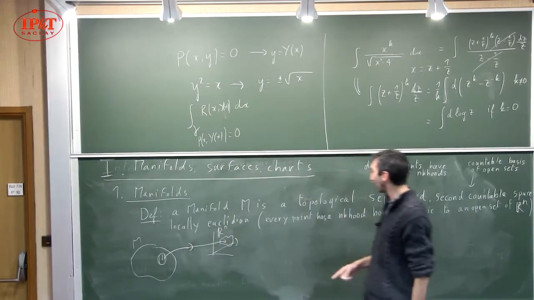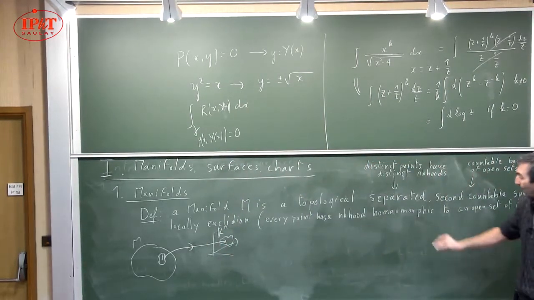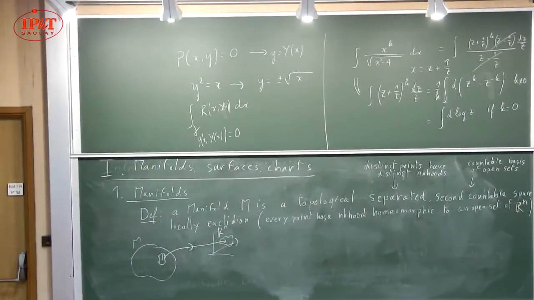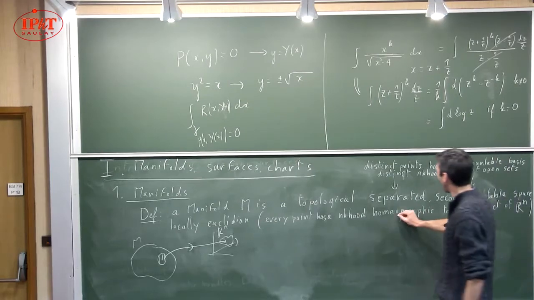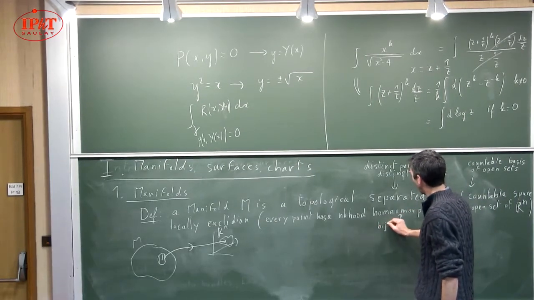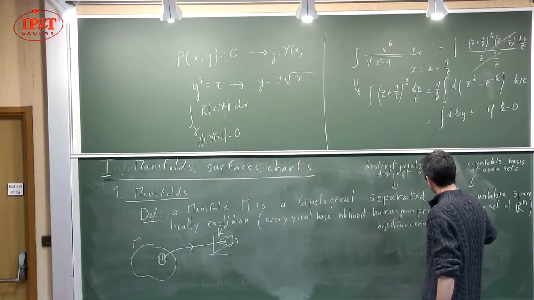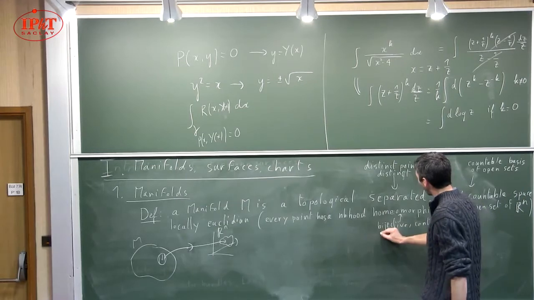And a homeomorphism means that it's bijective and continuous, and the inverse is continuous.